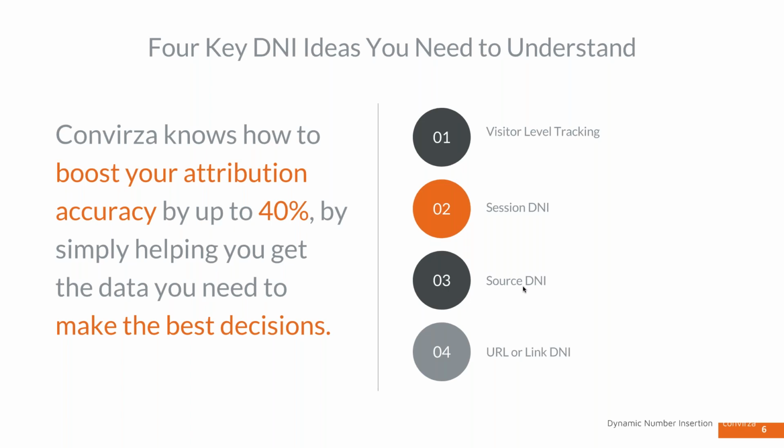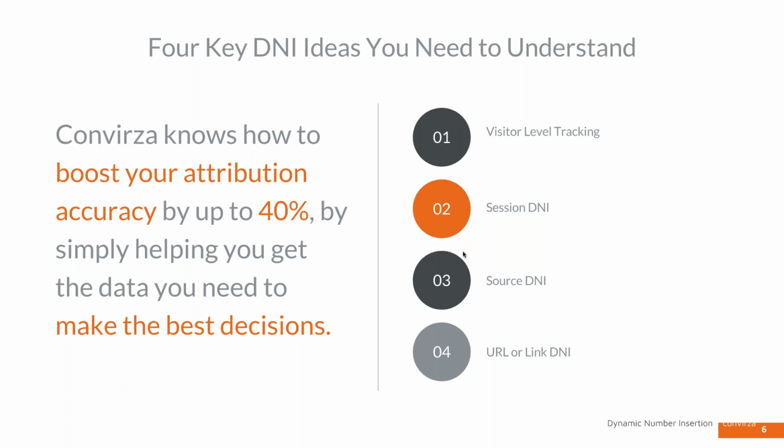So Google organic traffic has a number, or Facebook traffic has a unique number, or Yelp, or whatever referring source you want to track, you assign a unique number and it tracks that. That's the most commonly used DNI, and it's pretty simple to implement. Like I said, it's just one single number for a specific source.